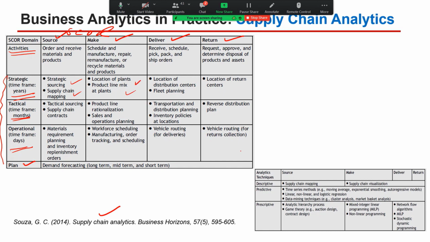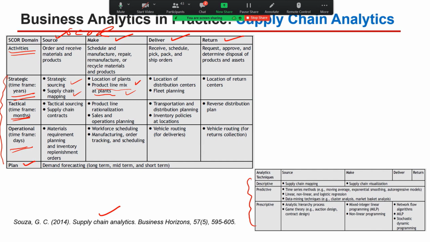And for that, we have different types of analytics in order to make good decisions. If I give the example of product line mix at a particular brand, that means what kind of product we are going to produce in a certain plant. What should be the mix of product? If we are producing 10 types of product, how much quantity should we produce of product A, how much quantity should we produce on product line 2, and so on.